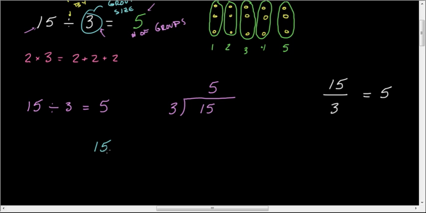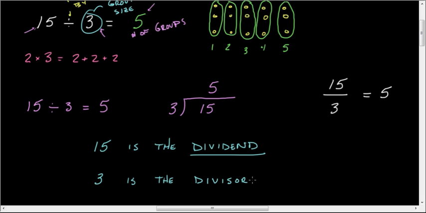Okay, so now let's identify the parts. The number 15 is the number that is being divided. That number is known as the dividend. That is its name. The number that is doing the dividing, the number 3 in each case, is called the divisor.